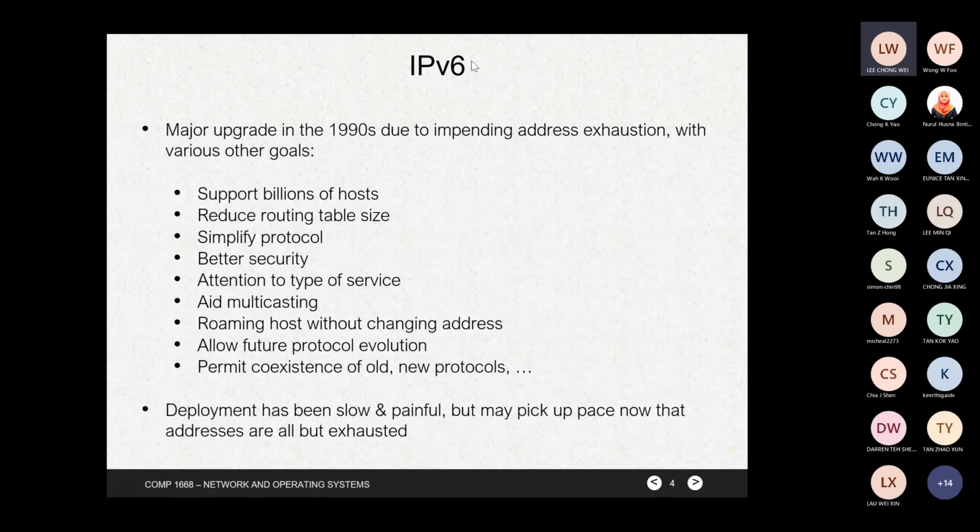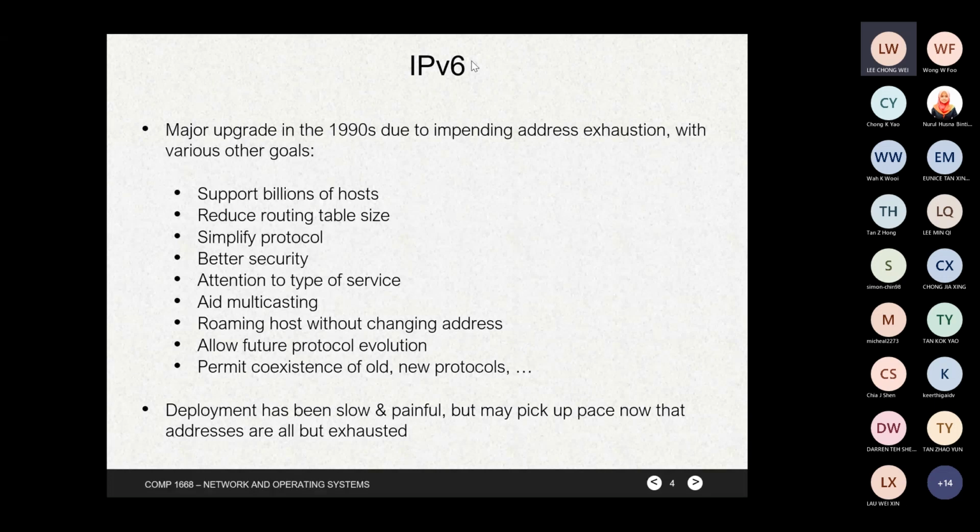Then we are moving on to IP version 6, which came about after the 1990s. The reason why we changed from version 4 to version 6 is due to many reasons. The main reasons are security and the running out of version 4 addresses.